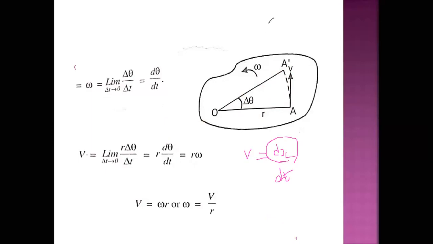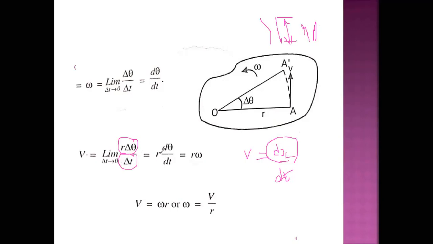I will show you the figure. The arc is like this. If I make this arc straight, the length of the straight line becomes r into theta. Arc length is r into the angular displacement. Therefore in place of dx I can substitute r into d theta divided by the time dt, or delta t.